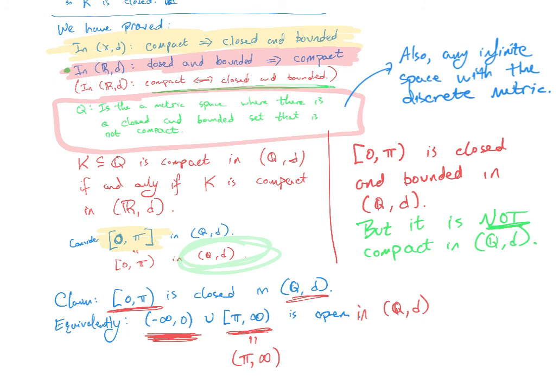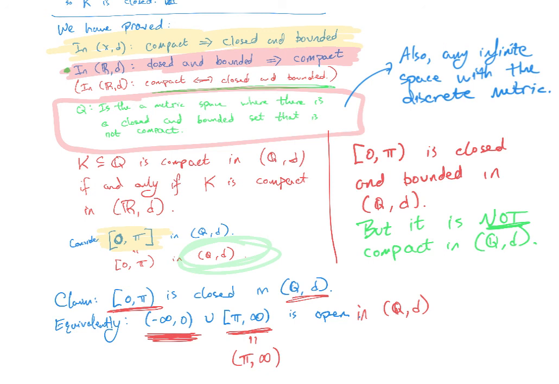Okay. Then you look at the space itself. The space itself is going to be closed because the space itself is always closed, and because when we're in the discrete metric, every set is closed because every set is open. It's bounded because we talked about that at the beginning of today's lecture.